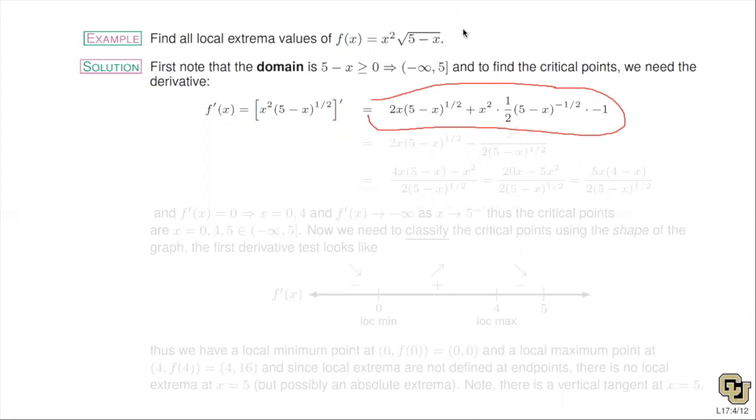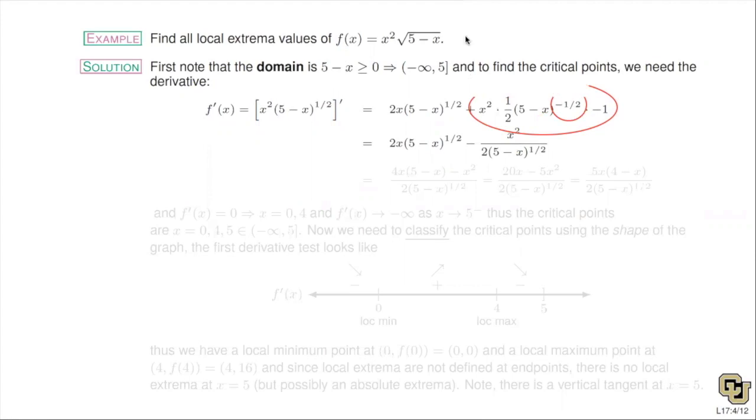Now, we're done with the calculus, but the next steps are equally important. To figure out where this derivative is 0 or undefined, I have to combine this expression into a single expression. It's very important that you notice I've got a negative exponent here, and that this second term is actually a fraction.